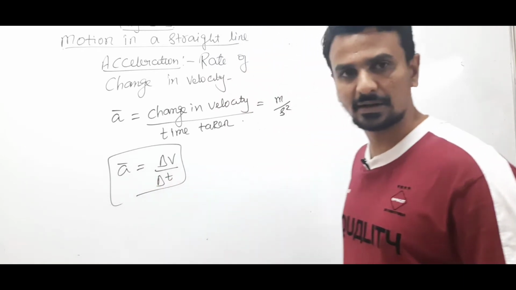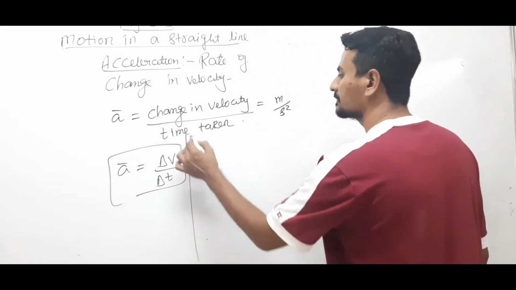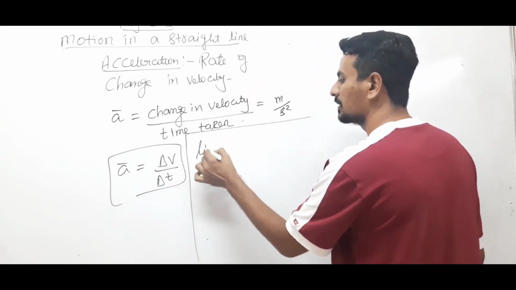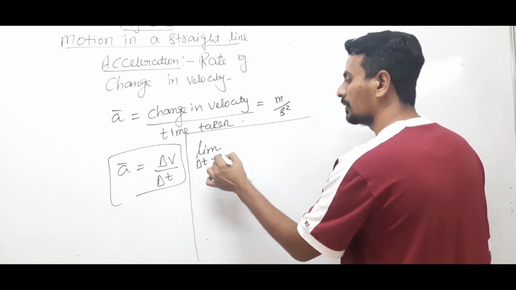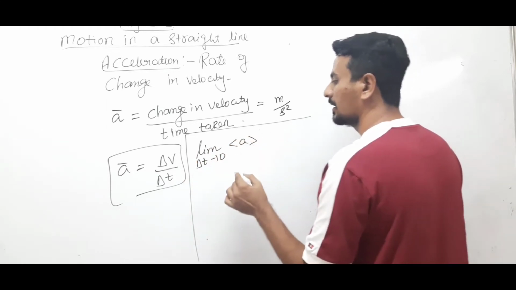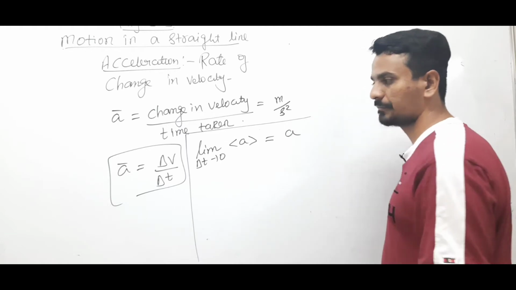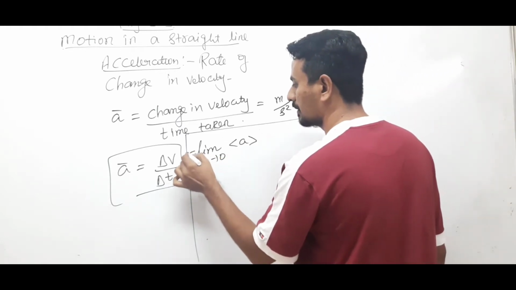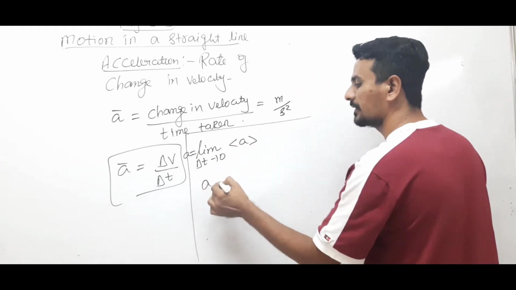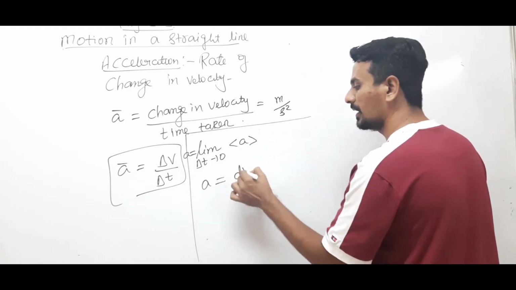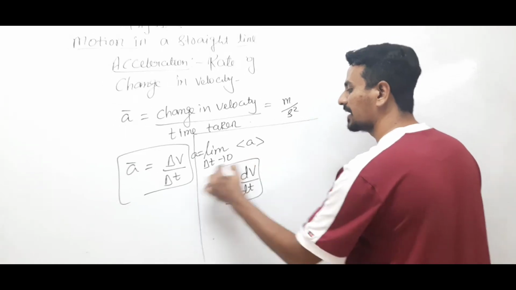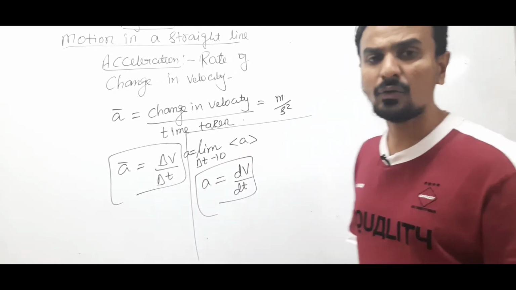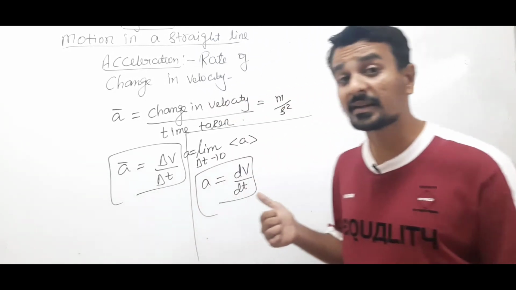This is average acceleration. If I apply the limit delta t tends to 0 to average acceleration, I will get instantaneous acceleration. Clear? So instantaneous acceleration will be dv by dt. Delta v will be converted into dv, delta t into dt. This is what we had already seen in the case of velocity.